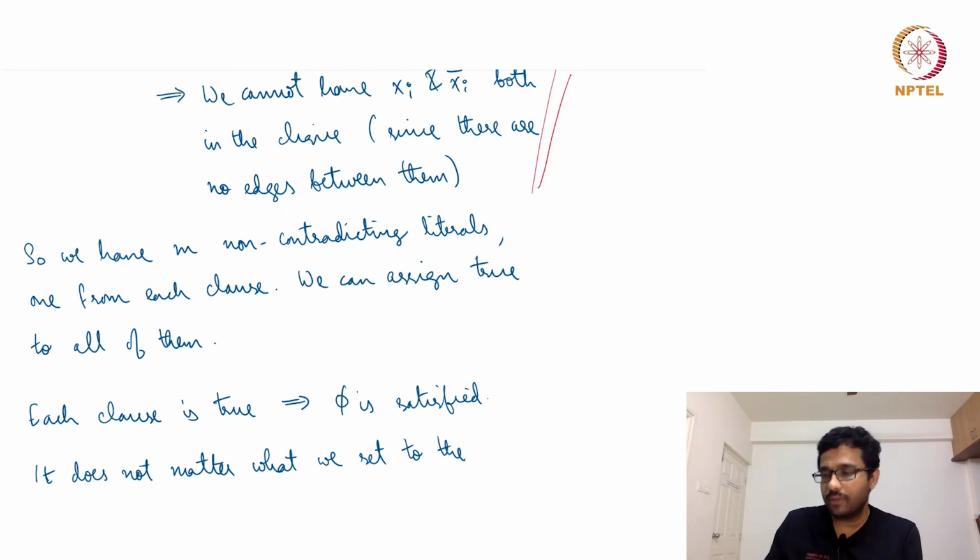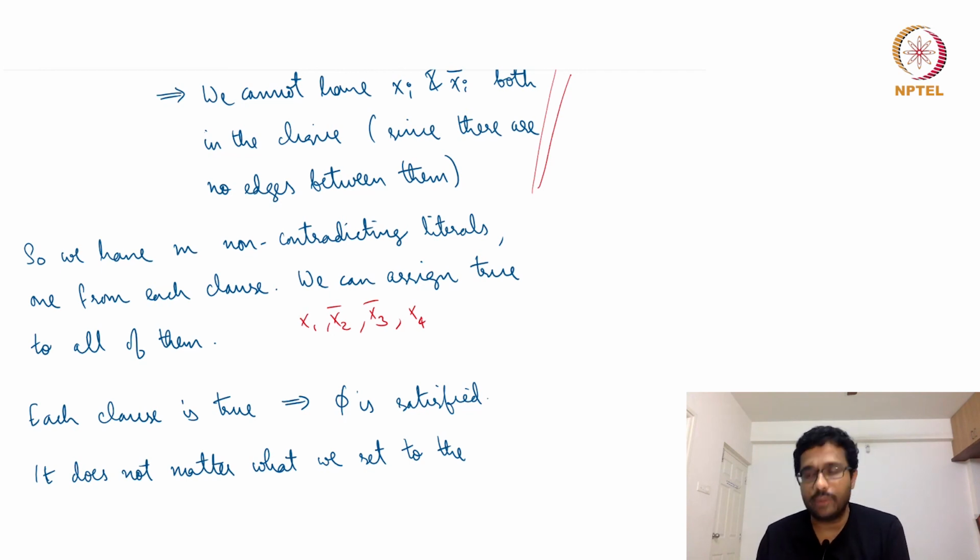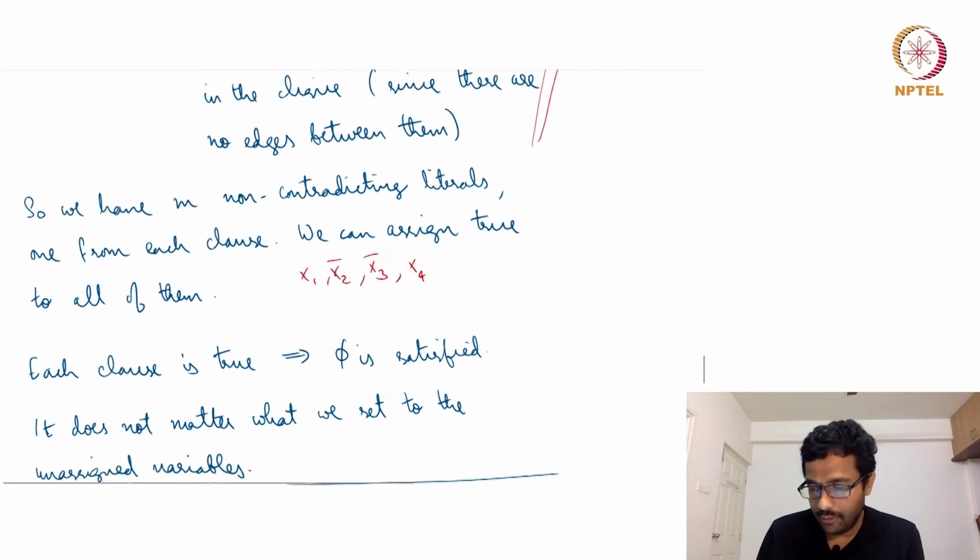Now let us look at them in the Boolean formula phi, and we will make all of them true. Suppose x1 is there, x2 complement, x3 complement, and x4. We assign true to x1, false to x2, false to x3, and true to x4, and this will certainly create a satisfying assignment for the Boolean formula. Hence each clause will be set to true and the formula will be satisfied.